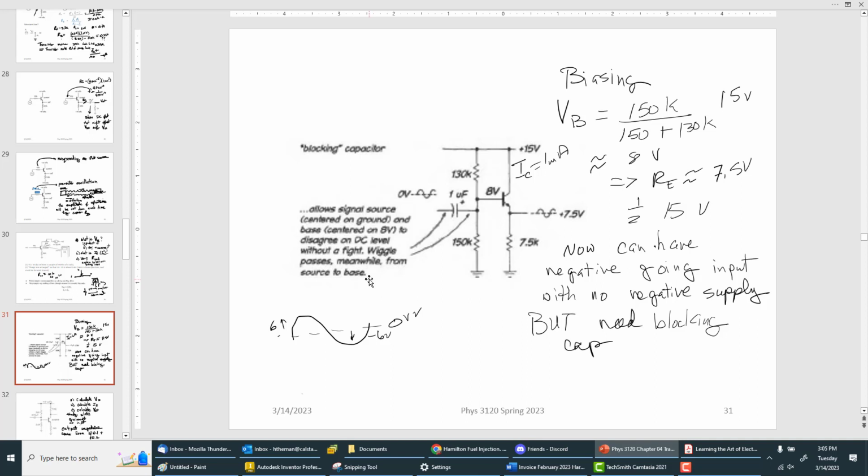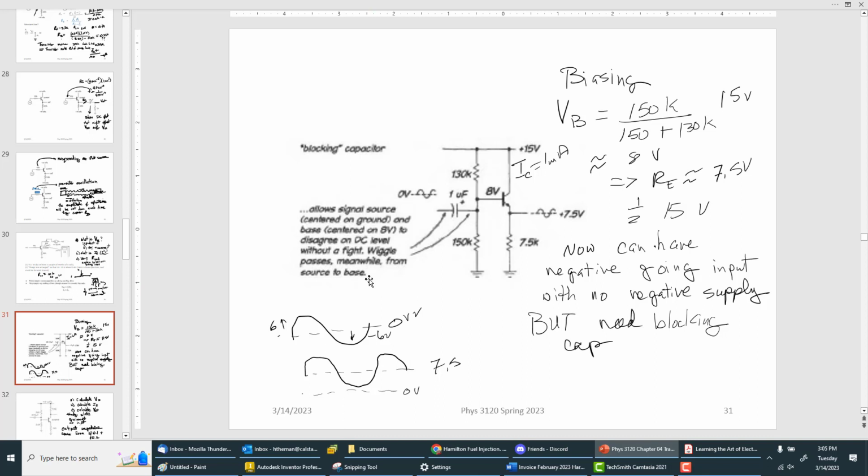Now what it does is that 0 volts, 7.5 volts, and you can go negative. And what you see in the outside world, you'll see it above 0. But you're not clipping the lower lobes.